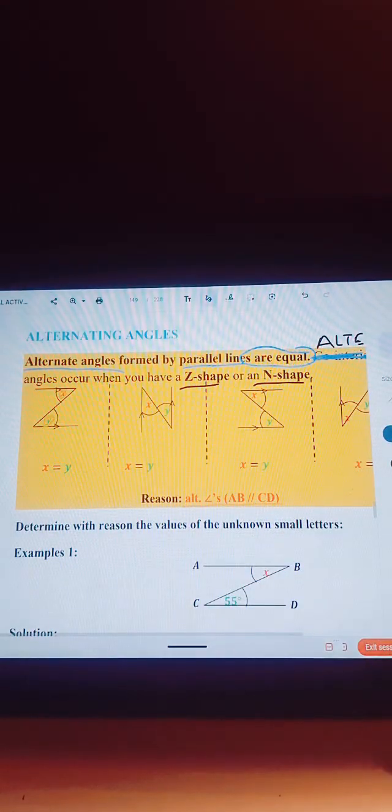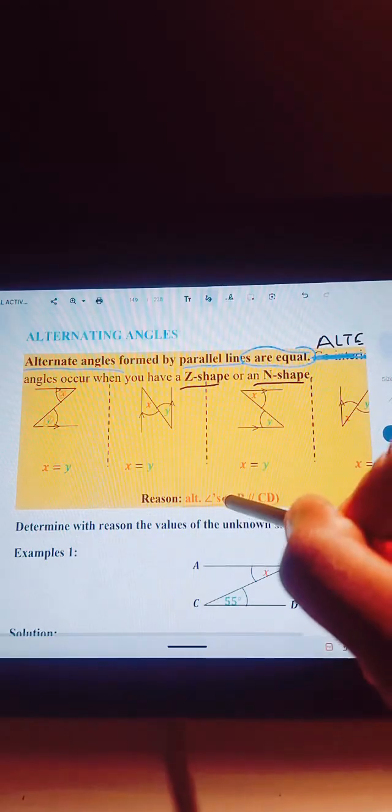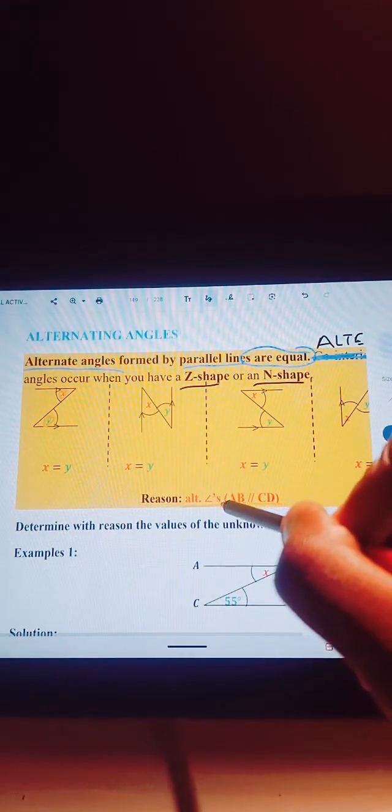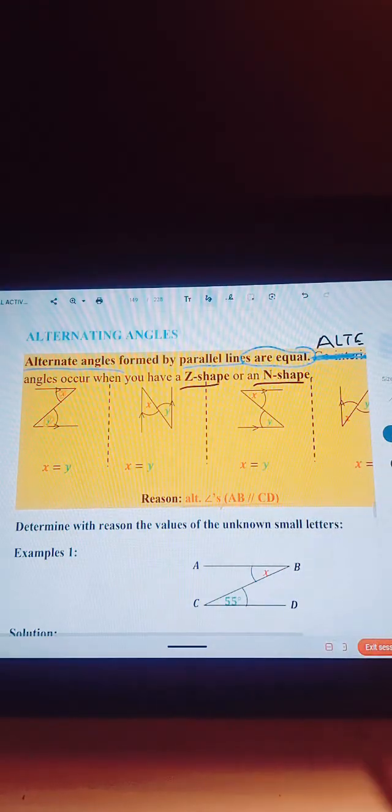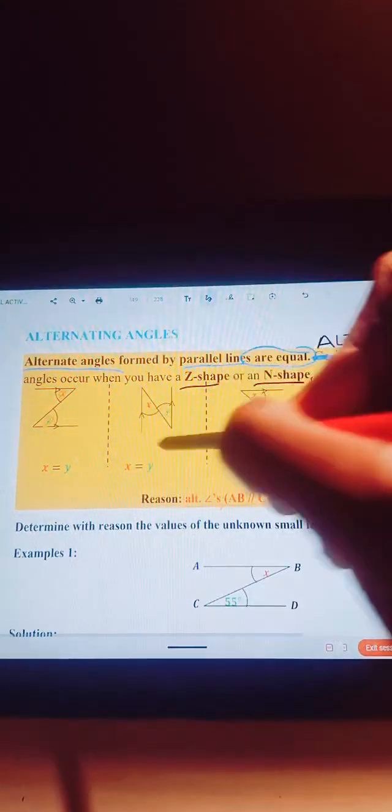Then you state the lines that are parallel, not necessarily in brackets, but there's a semicolon and you state the lines that are parallel. So that's the Z shape. N shape, same thing. Lines are parallel here. The N, okay, x is equal to y. That angle is equal to that angle. Alternate angles. That's the N shape.